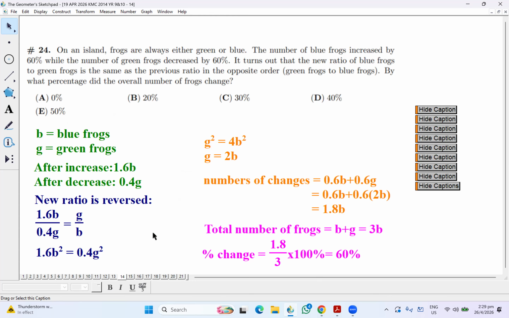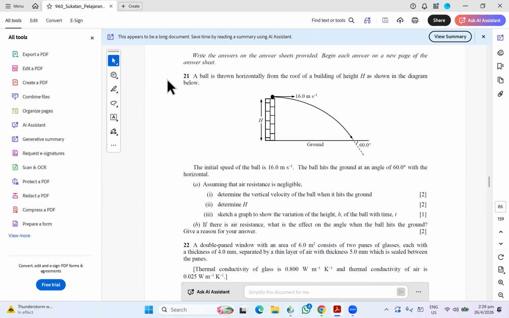We move on to the next question. Perhaps you can... I got send you the answer. Where's the answer? Let me look at what answer.